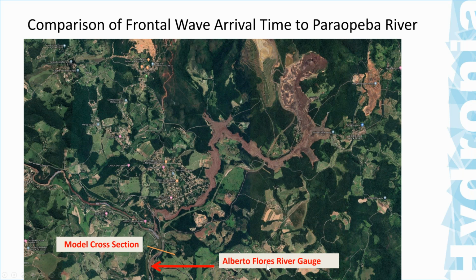We have the Paraopeba River, I'm sorry, and the Alberto Flores River gauge located here. Now, this is a river with very low sediment in suspension or bed load. So it's a typical alluvial river.